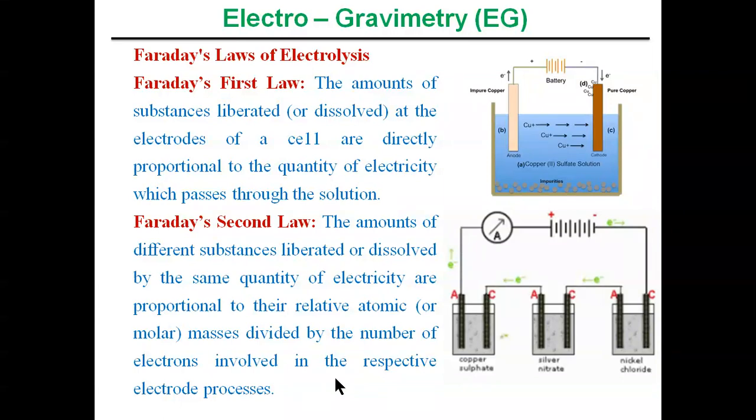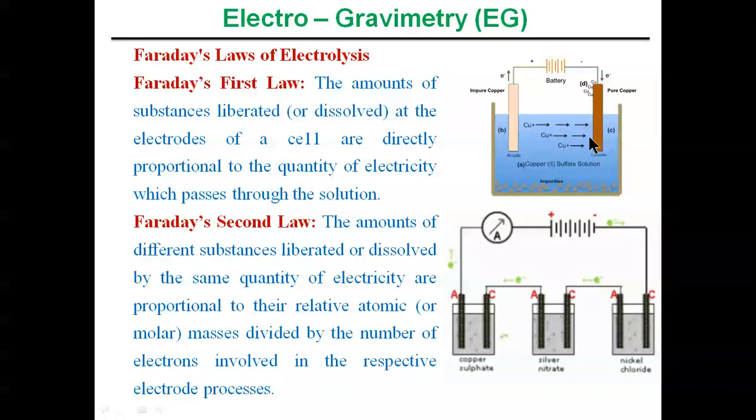Here we have only one substance which dissolves at one electrode, and at the other electrode, the pure copper electrode, it is deposited. One electrode is dissolving or liberating, and the other electrode is depositing.